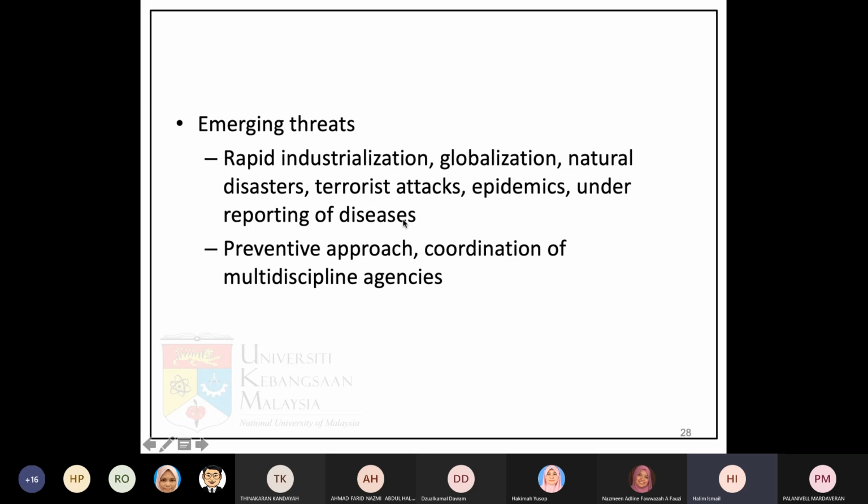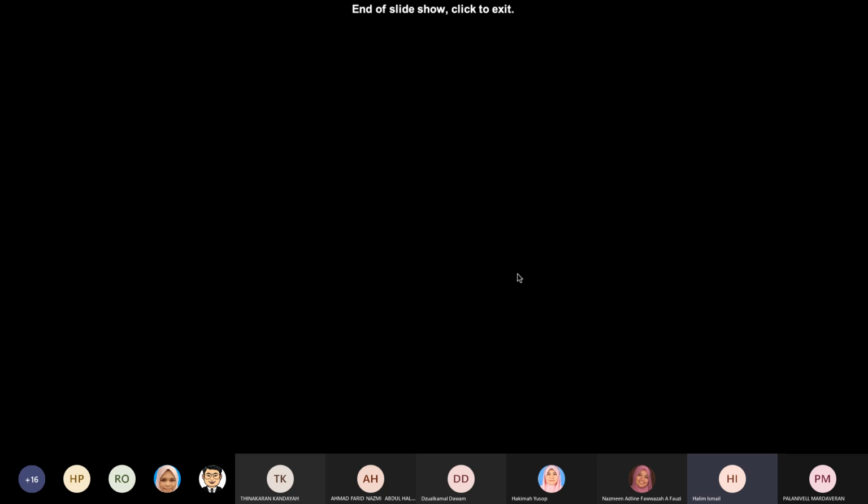When you under-report the diseases, that cause a problem in terms of monitoring, surveillance, and so on and so forth. In terms of preventive approach, coordination of multidisciplinary agencies ni yang akan create problems as well, if there is no coordination or cooperation between agencies. Okay.